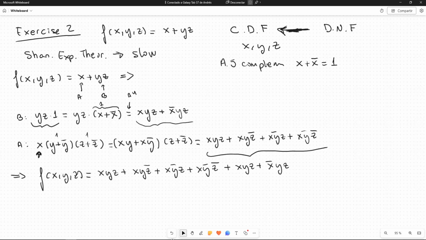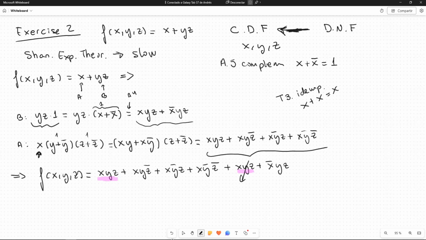Now, if we have a look at the function, we can see that, for example, this term appears twice. The idempotent theorem, that is theorem 3, the idempotent law, says that x plus x is x. So we can get rid of one of them.